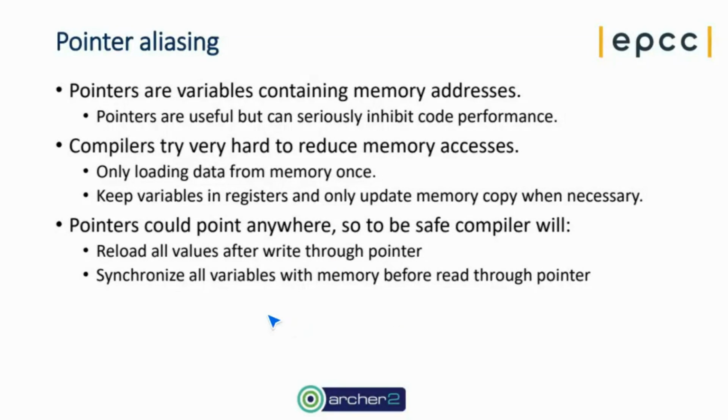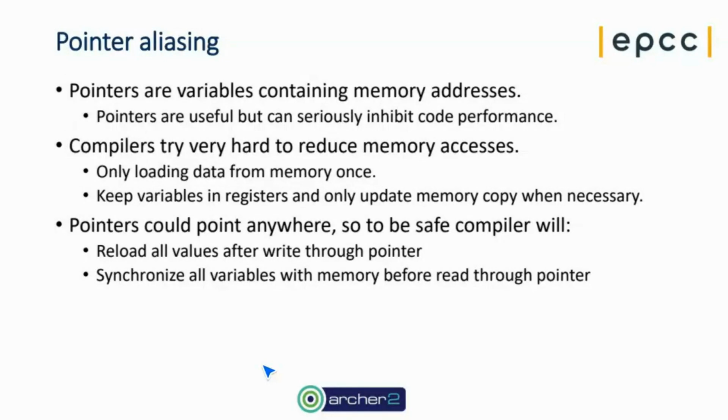Unrestricted use of pointers is essentially bad because if the compiler doesn't know that the pointers could point at anything, then to be safe, the compiler will basically reload all values after a write through a pointer. So it basically stops it from keeping anything in a register, because what's in a register could potentially be a copy of the thing that was modified through the pointer.